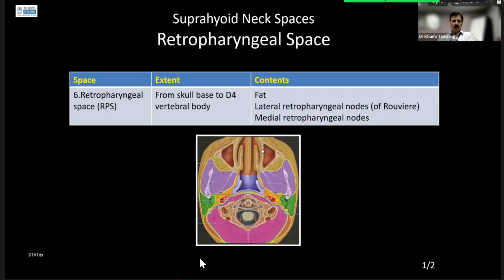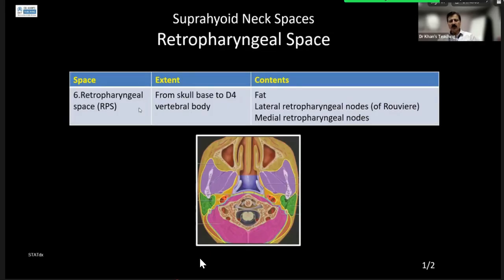From here, we come to the retropharyngeal space. Now, the retropharyngeal space is a potential space. Basically, what are the contents? The contents is usually fat, and in the suprahyoid region, there can be lymph nodes, lateral and medial lymph nodes.